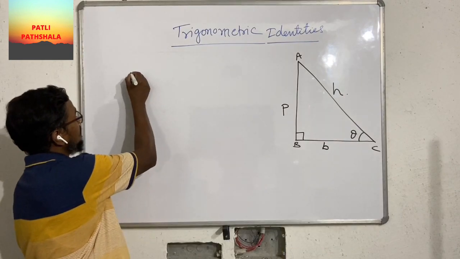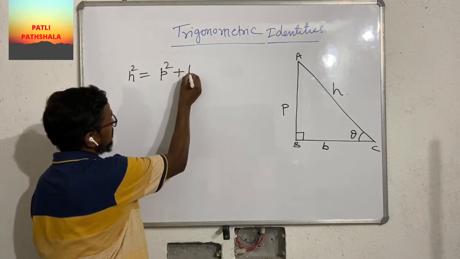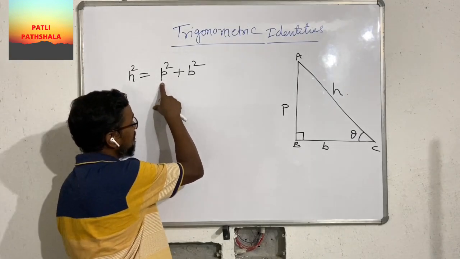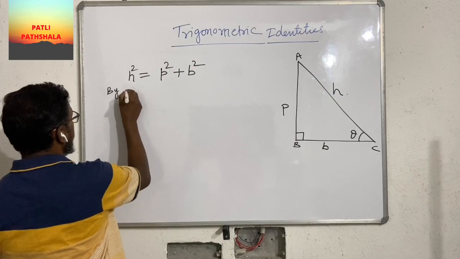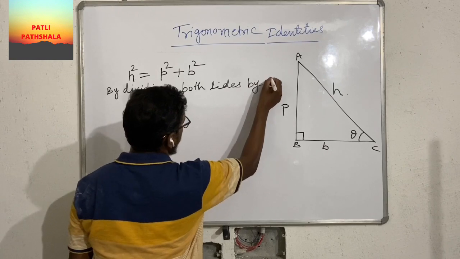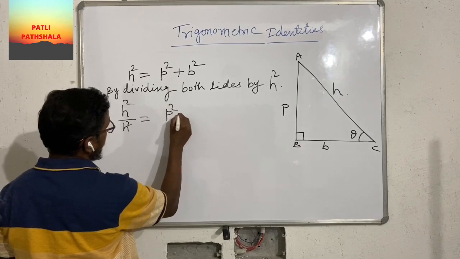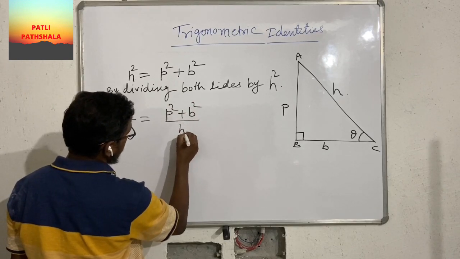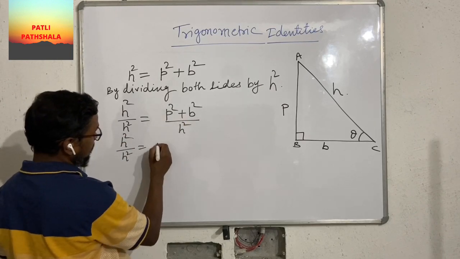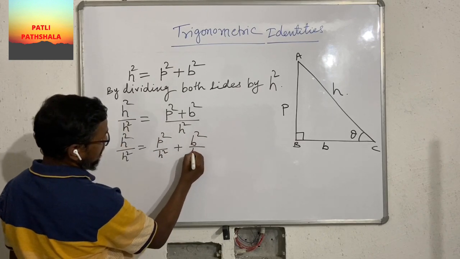Pythagoras theorem is h square is equal to p square plus b square. Here first term is hypotenuse, second term is perpendicular and third term is base. By dividing both sides by h square, this one is equal to p square plus b square whole divided by h square, and if we separate these two we will get p square by h square plus b square by h square.